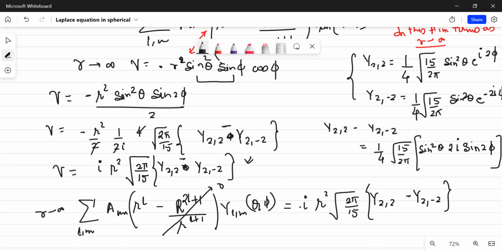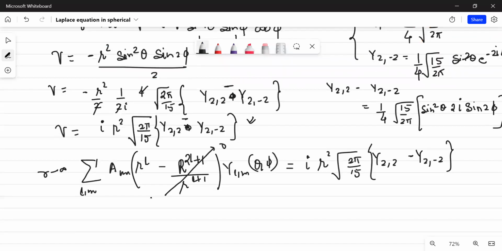This is what I can get from both of the sides. Is that clear? On both of the sides, we can find that. So only the term corresponding to L equals to 2 and M equals to plus minus 2 would survive.